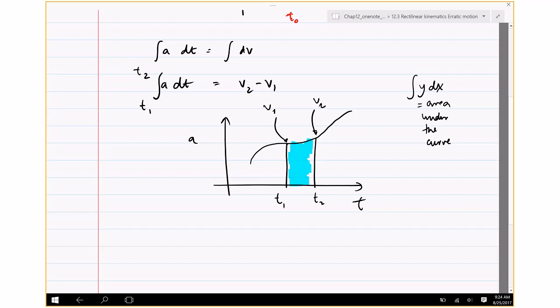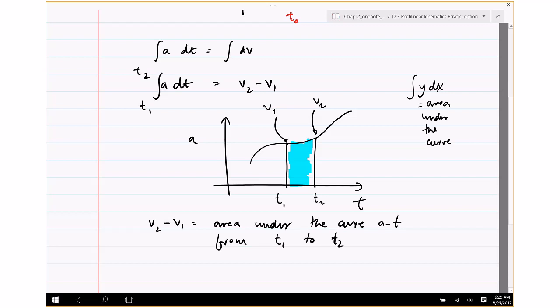The reason I'm writing v1 and v2 is that's the velocity when time is t1 and t2, but that doesn't mean the y-axis is actually v1 and v2. So if you want to find v2 minus v1, all you have to do is find the area under the curve from t1 to t2.